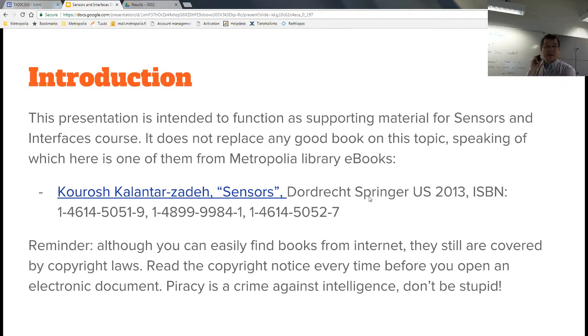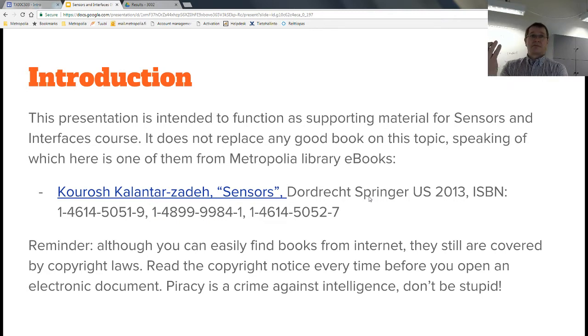Metropolia students, use your privilege to borrow them from the e-library using your Metropolia account. It's all paid by the Finnish taxpayers' money. And about piracy, there are plenty of books as PDF files downloaded somewhere.